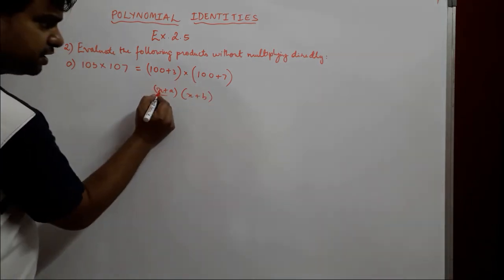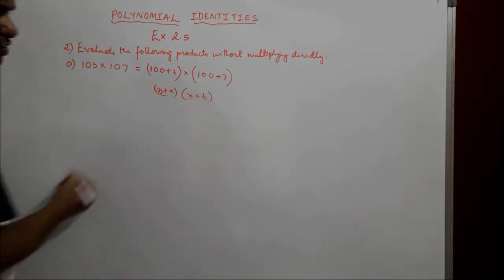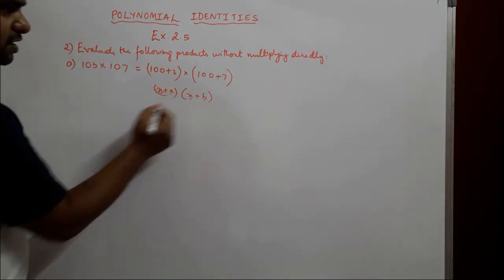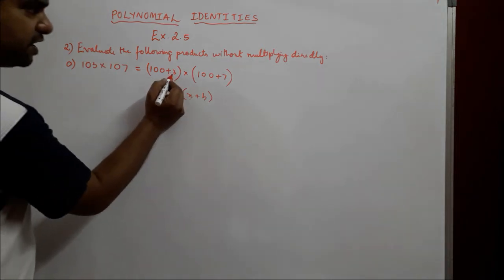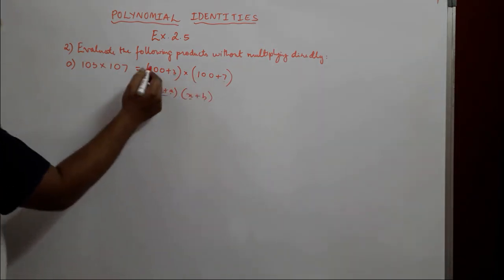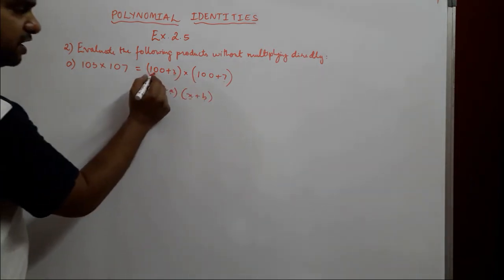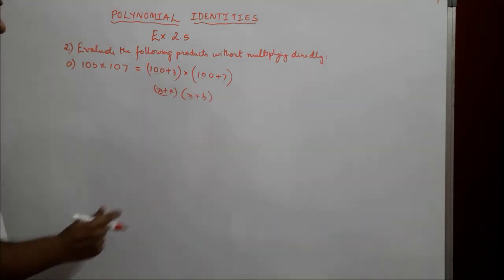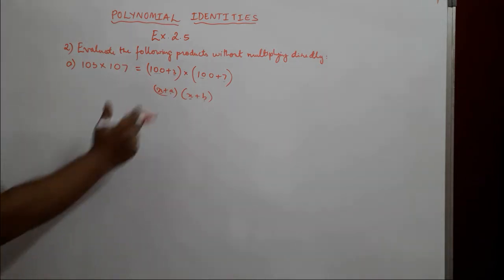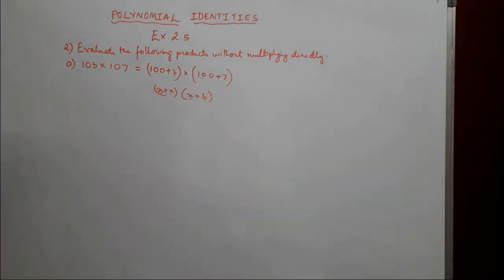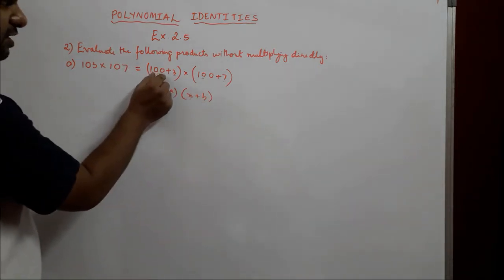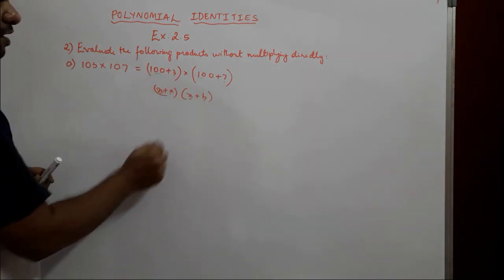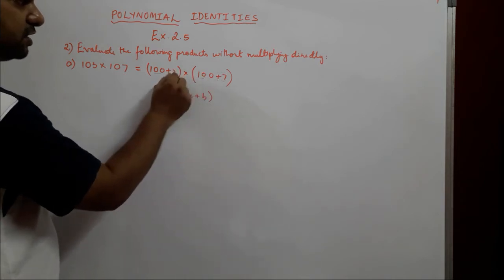Note over here, x is common and these are separate real numbers which are different, 3 and 7. Here we do not have a variable, but we have a constant number. See, there is only one variable, but there are two constants that we use. So similarly here, imagine 100 as your variable. It is common to both of them, but we have two other constants, that is 3 and 7.